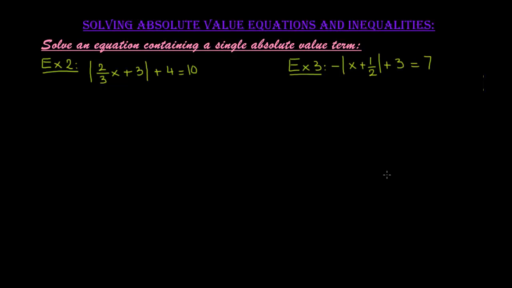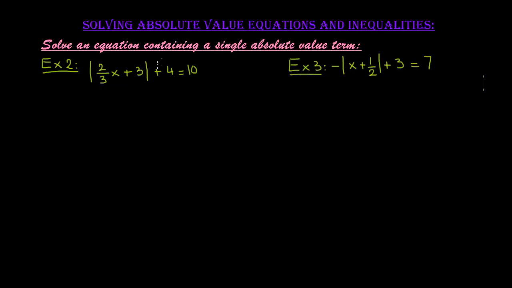So we have some idea about solving absolute value equations. Let's go over two more examples so that we have a better understanding. Example 2: absolute value of 2/3 x plus 3, plus 4, equal to 10.